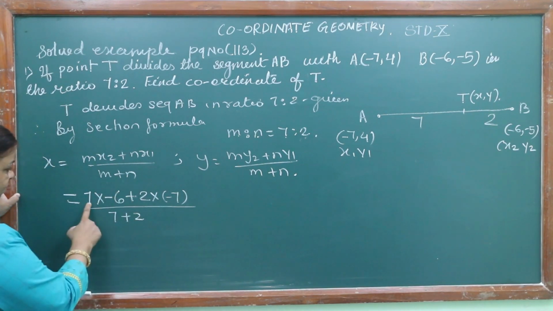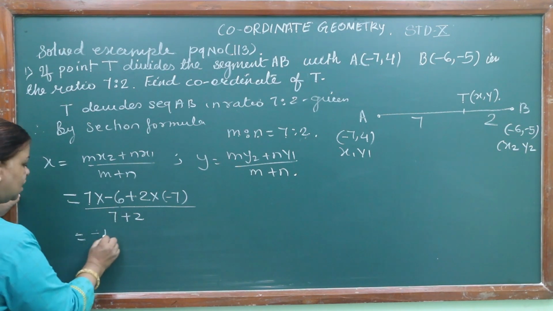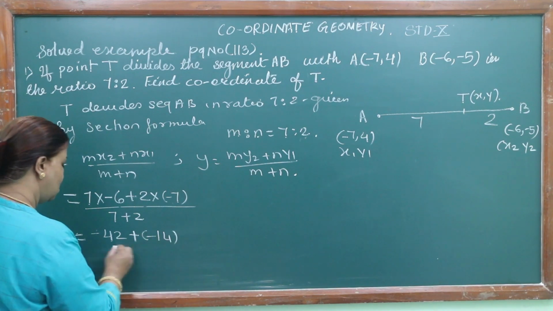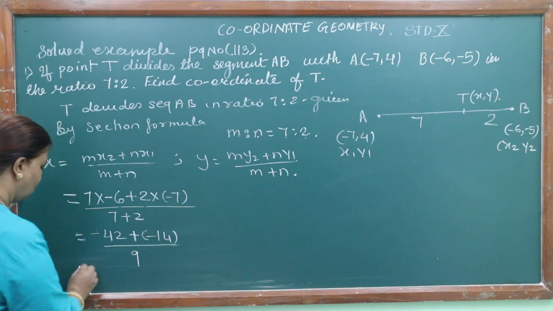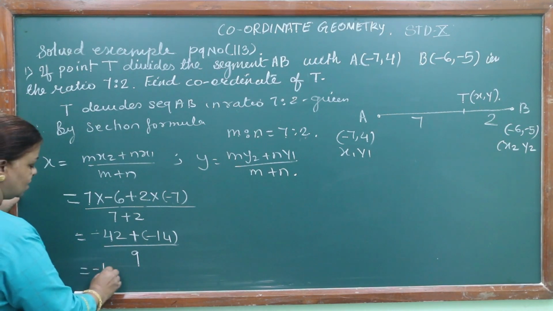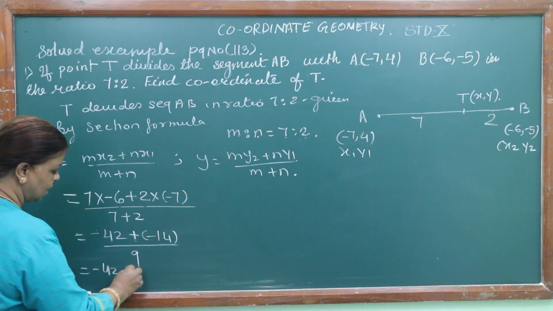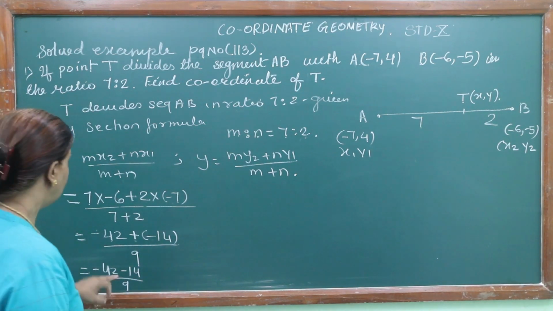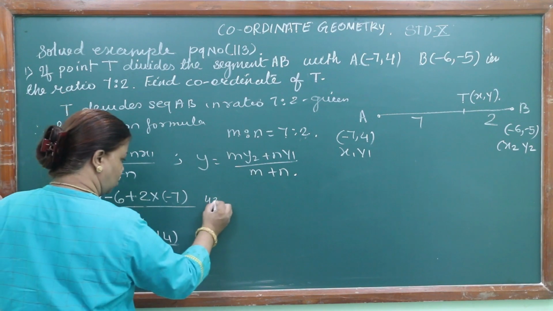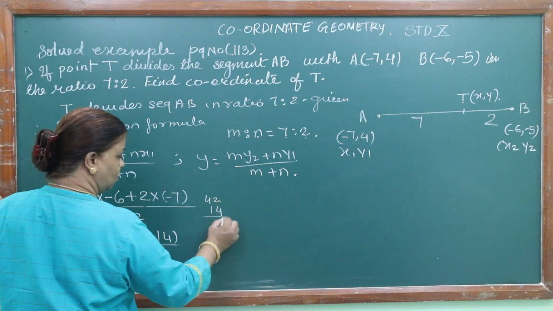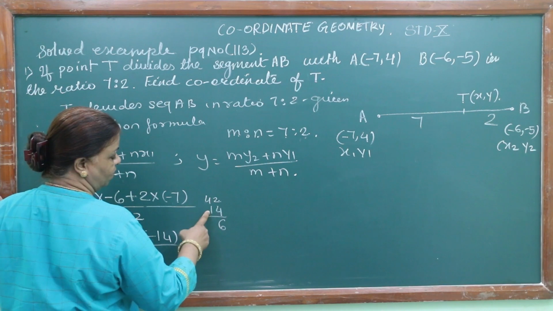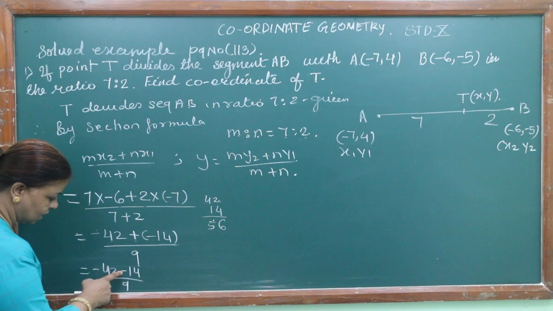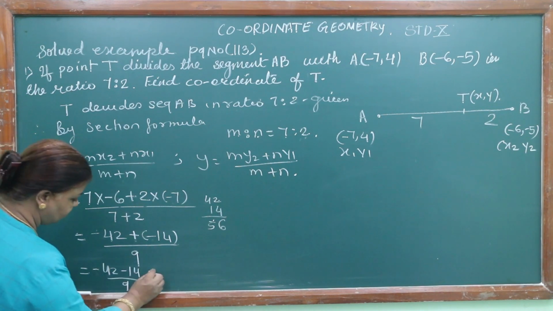Then 7 sixes are -42 plus 2 sevens are minus 14 upon 9, which is equal to minus 42 minus 14 upon 9. Now add this 42 and 14, that would be 56. See, now why did I add? Because this is minus, so both will be added. It will be minus 56 upon 9.